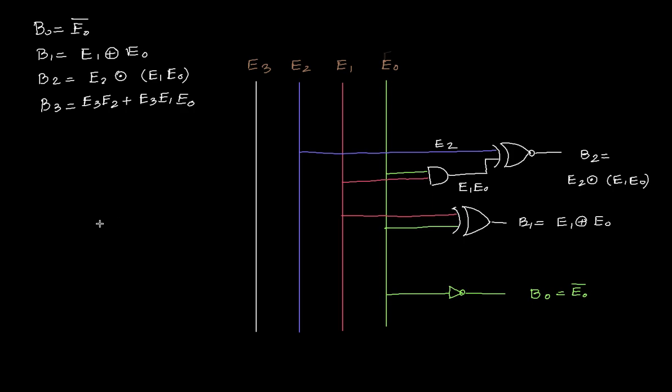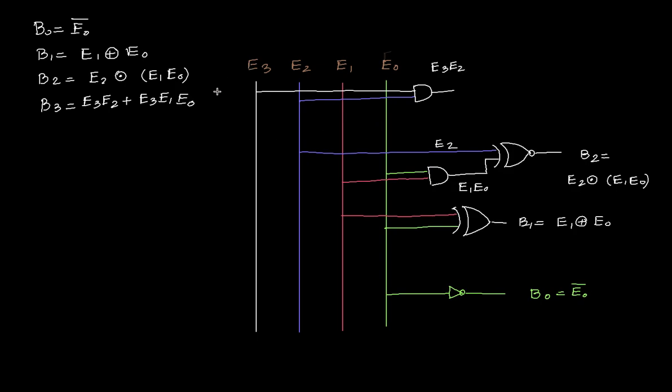Then what is B3? B3 is E3 and E2 ANDed, so one AND gate of white color, and this becomes E3 E2.